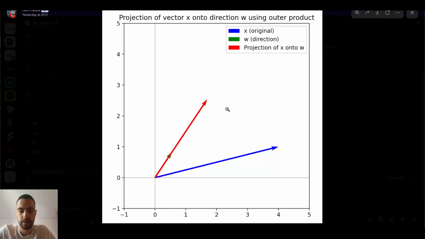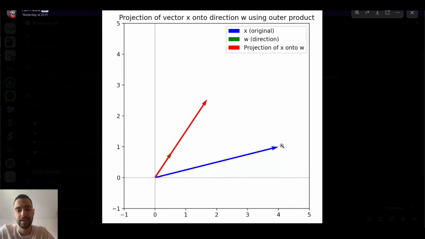That's gonna give us a projection, this red line. So W times W transposed times this X will give us the projection, this red line, onto this W, which is the green line. So again, we have this green, which is this small W direction. We say W times W transposed, and then multiply that with this X vector to get a projection onto this.